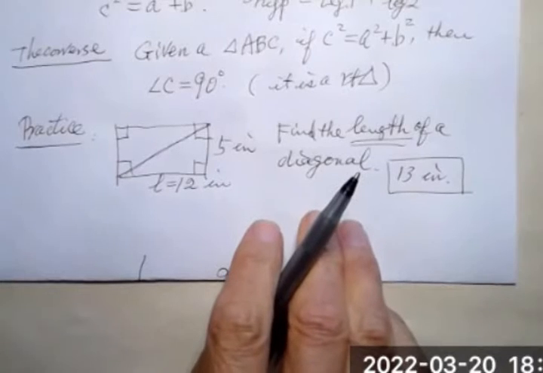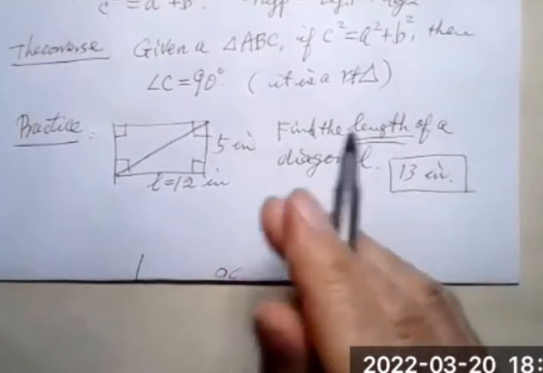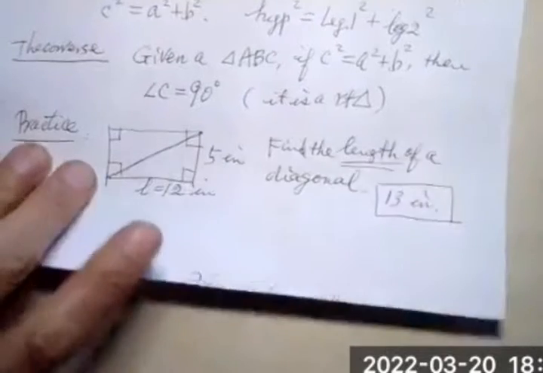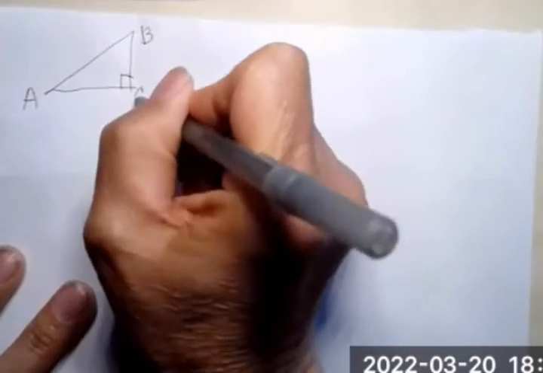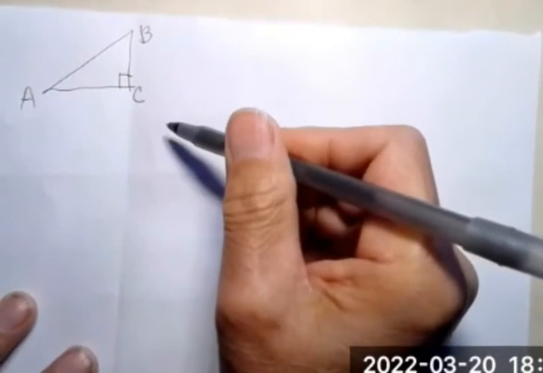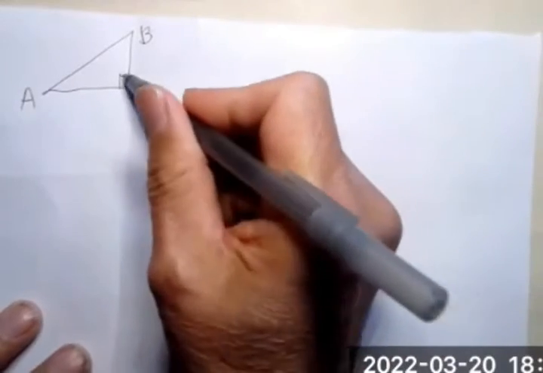Now we come to the basic trigonometry defined on right triangles. Given the right triangle, suppose this is the vertex A, that's BC. It's a default: if we have triangle ABC, angle C is 90 degrees.